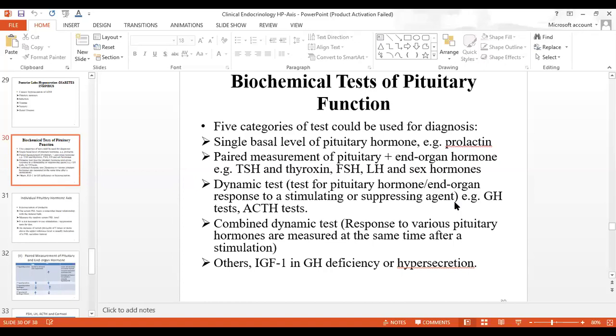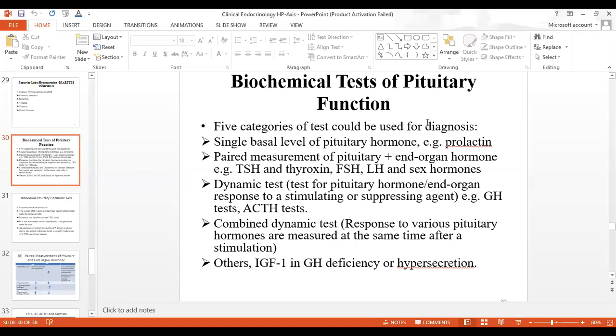So we know TSH will cause the thyroid gland to produce the thyroid hormones. So we can measure the TSH levels, and we can also measure the thyroxine levels. So, a paired measurement of the pituitary plus the end organ hormone. This is something that we can do.